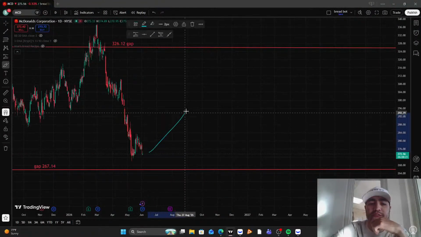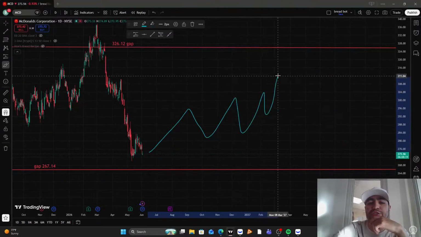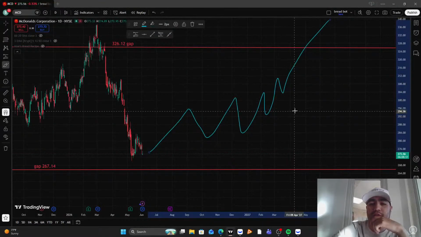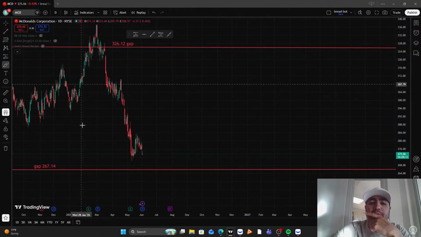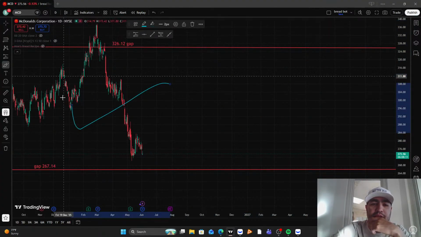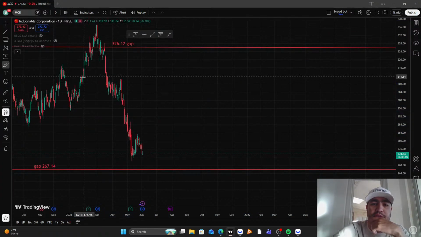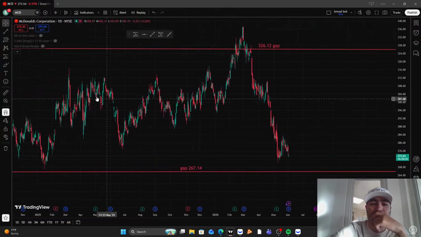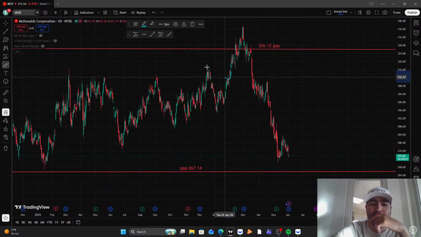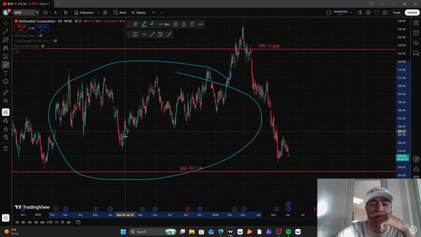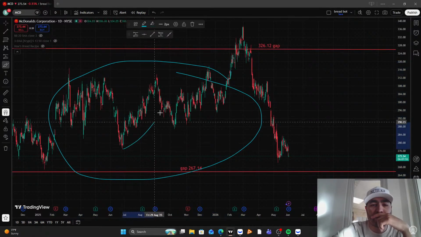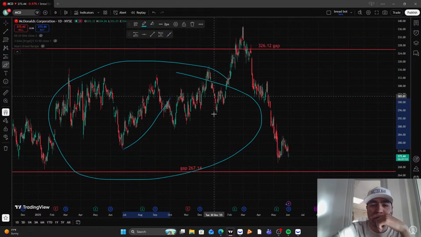I'm looking for this to kind of fill back up, maybe some consolidation, like what you see right here. This is what I'm looking for after this little rip up right here. A small consolidation maybe with a nice good tail rip up like this and like this.